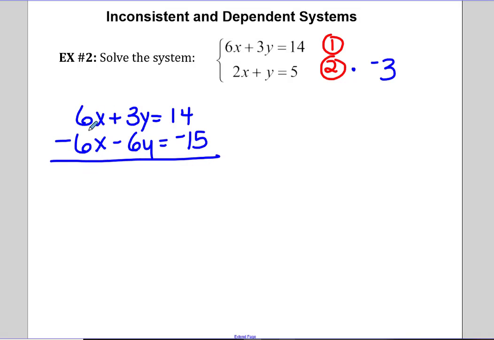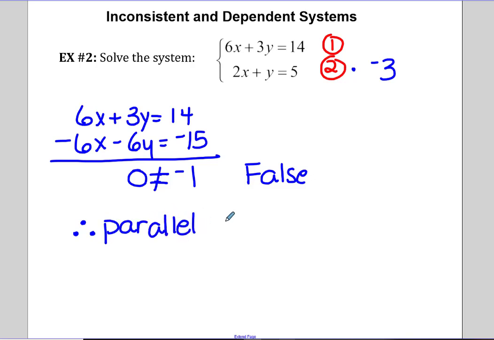When you add them together, we have nothing left on the left side and negative 1 on the right side, and that's a false statement. So I'd like to say if my x's and y's disappear and I have a false statement, then we have parallel lines. There's no solution. That's an inconsistent system.